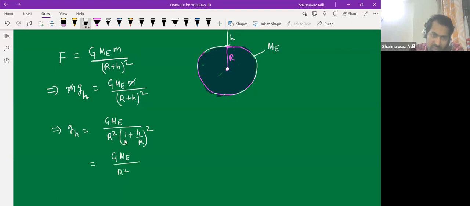So then what we do is we take this one in the numerator. So this would be (1 plus h by R) to the power minus 2.